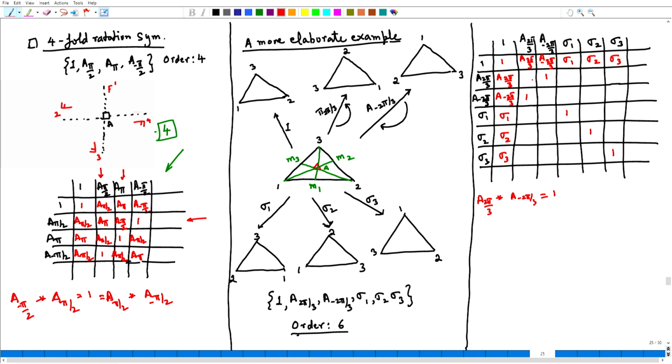Now, consider the first or rather the second row, second column, A 2 pi by 3 follow it up with A 2 pi by 3.